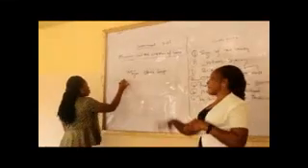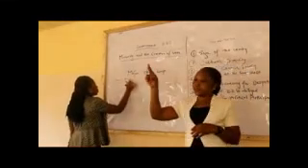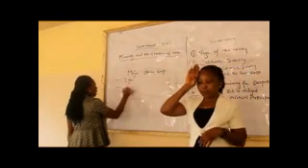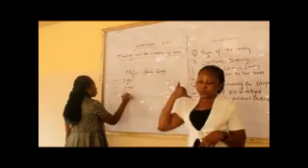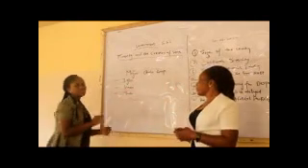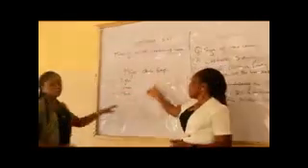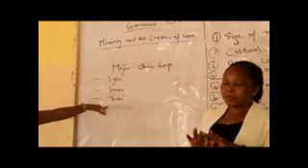Now, under the major ethnic group, we have the Igbo, the Hausa, and the Yoruba. These are the major ethnic groups in Nigeria. They are just 3 in number.